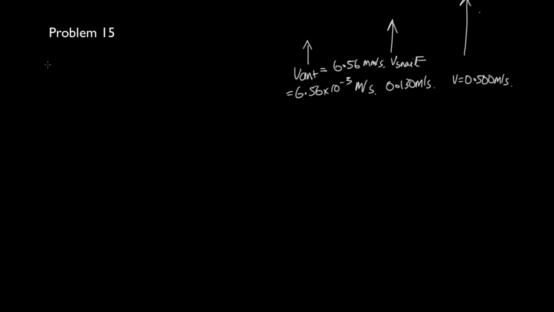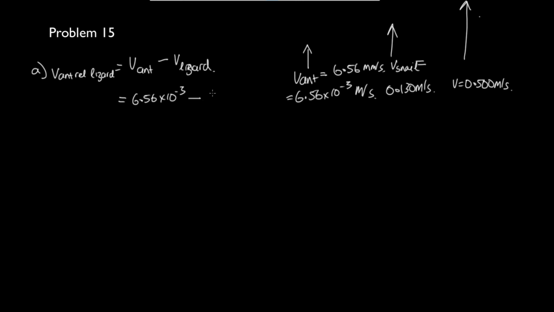And in part A, we're asked what is the velocity of the ant relative to the lizard. So the velocity of the ant relative to the lizard is equal to the velocity of the ant minus the velocity of the lizard. And so this is equal to 6.56 times 10 to the minus 3 minus the velocity of the lizard, which is 0.500.